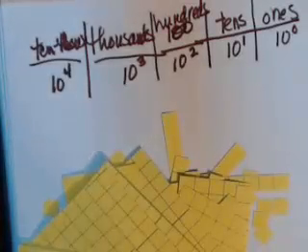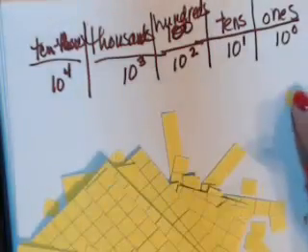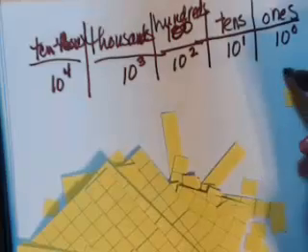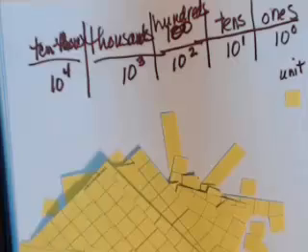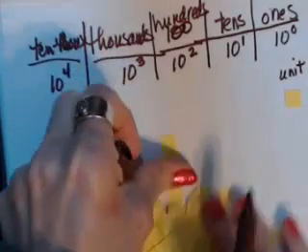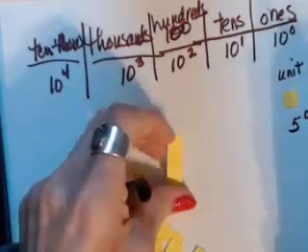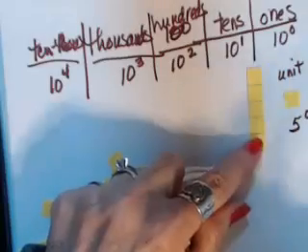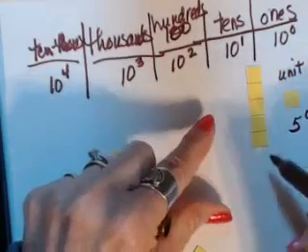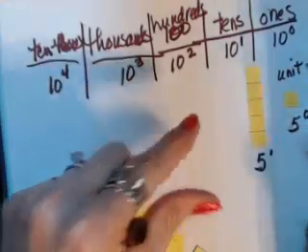Well, in our base 5 numeration system, this is our unit. And our unit is 5 to the 0 power. This is our long, which represents 5 to the first power.